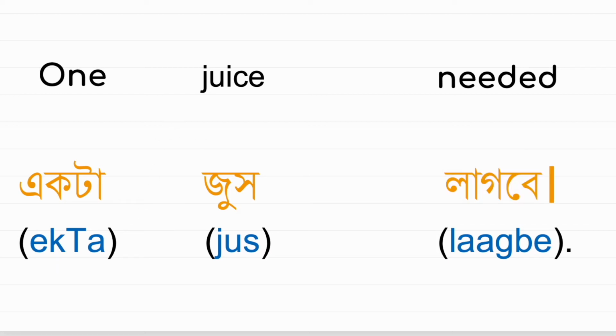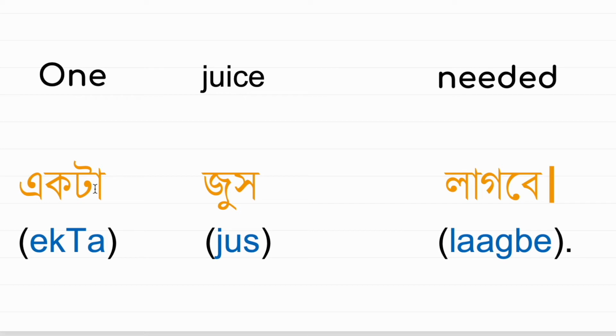So the literal, word for word translation is ekta for one, juice for juice, and lagbe for will be needed. So the form is future, but by this word we mean that I need something, but we say it in a passive future form. So literally the sentence will sound something like one juice will be needed. In other words, we can say I need one juice or I need a glass of juice.